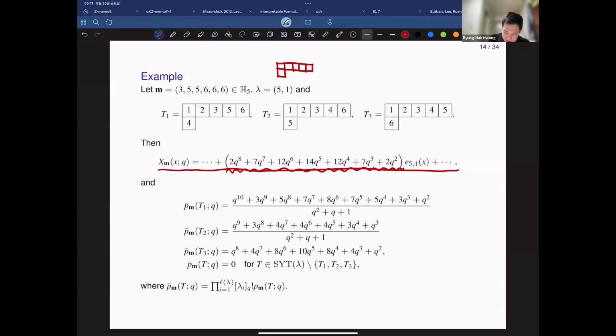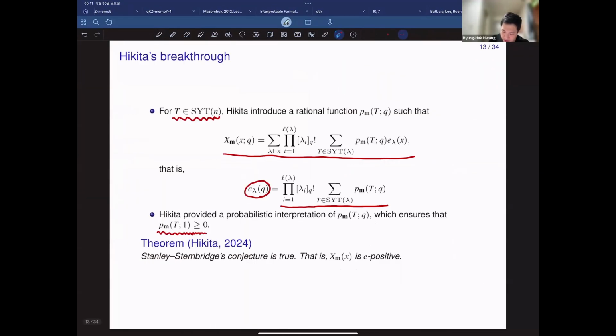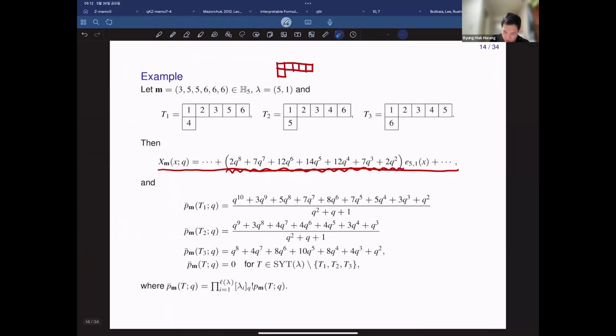And also you can find that P of T1, P of T2, P of T3 are given by these rational functions. And here P bar of T is equal to the q-times of the denormalized rational functions. And you can find this term is equal to this term.